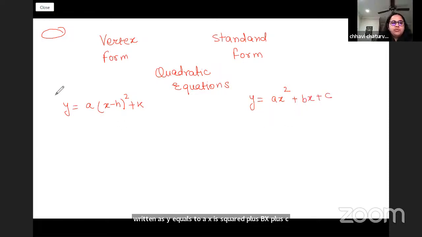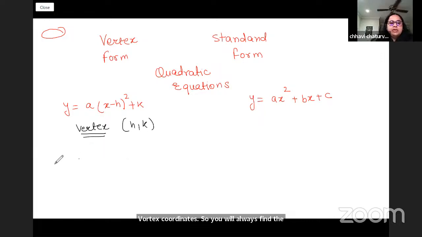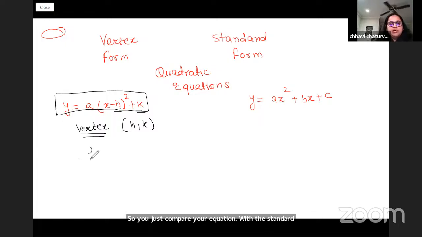The first step is to always find your vertex coordinates, which we call h and k. In the vertex form, you can find those coordinates pretty easily. You just compare your equation with the vertex form, and then you find the coordinates of your vertex, which would be h and k.